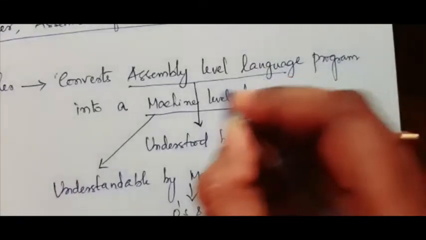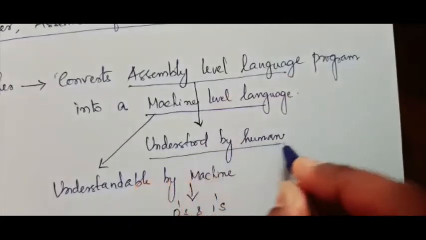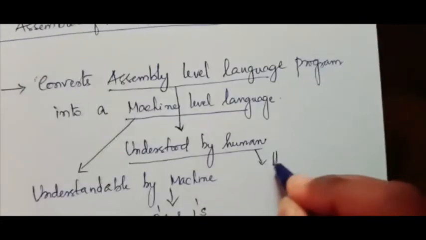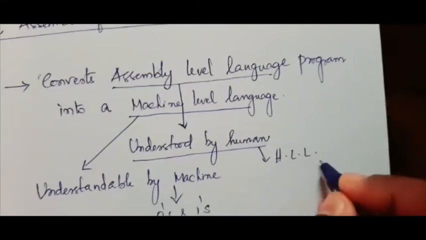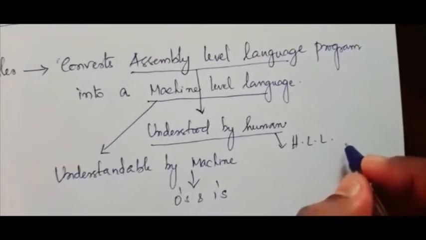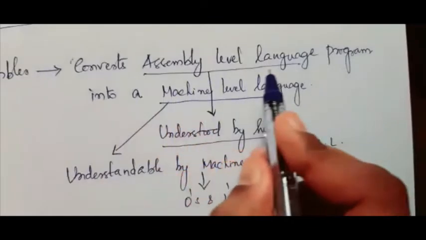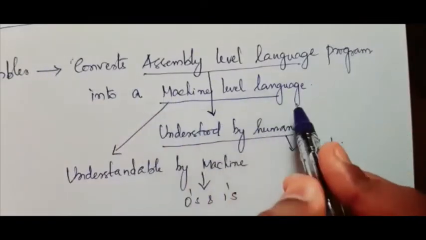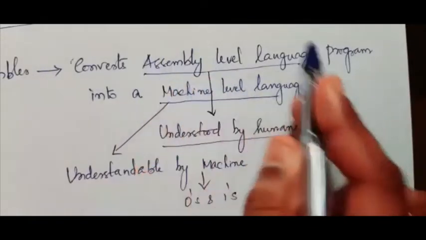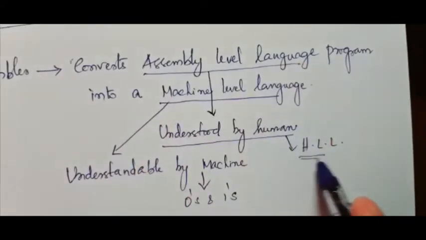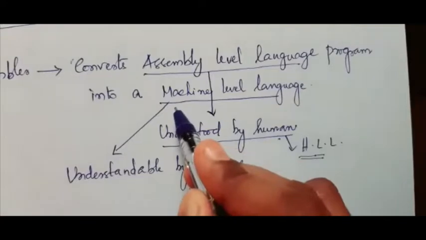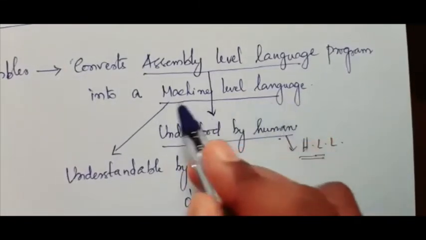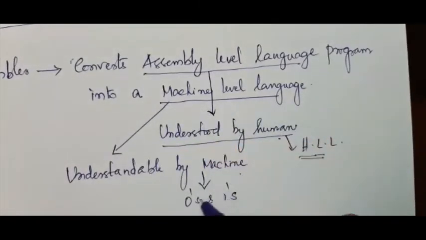Okay, so assembler converts the assembly level language program into a machine level language program. This assembly level language program is in the form of a high level language that is understandable by the human, whereas machine level language is understandable only by the machine since it is in the form of ones and zeros.